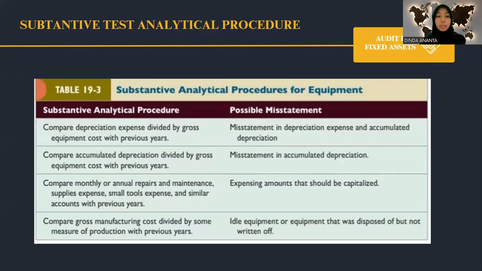For the activity of substantive tests and analytical procedures and their possible misstatements, you can see table 19.3. For example, compare depreciation expense divided by gross equipment cost with the previous year, and its possible misstatement is misstatement in depreciation expense and accumulated depreciation, and so on.